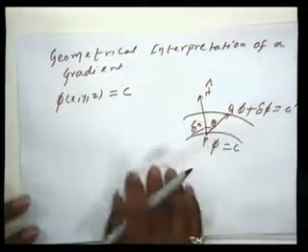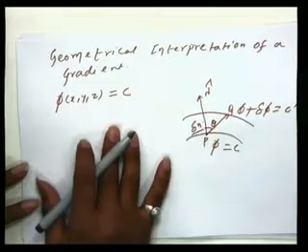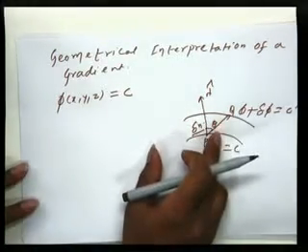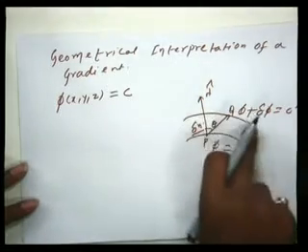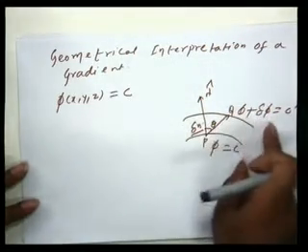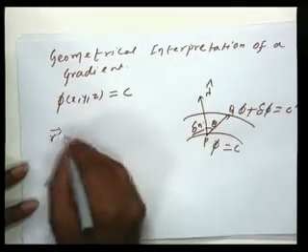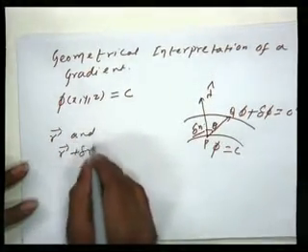So what I mean to say is that we are considering two surfaces: one through p, at which the function value is phi, and another level surface through q, where the function value is phi plus delta phi.